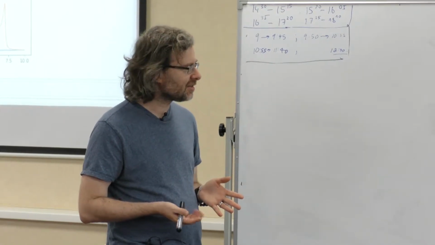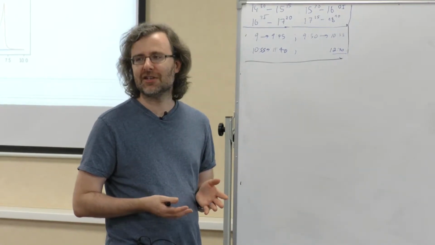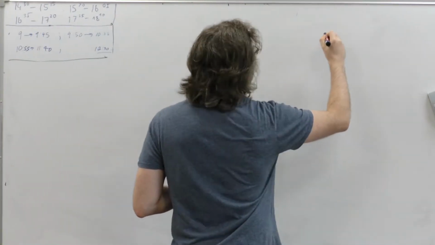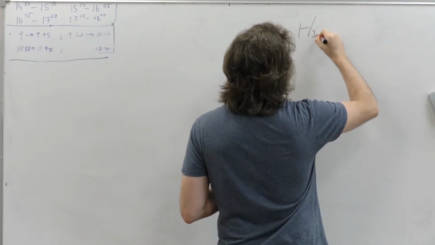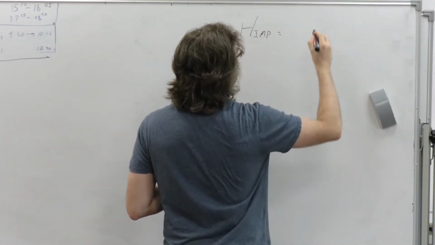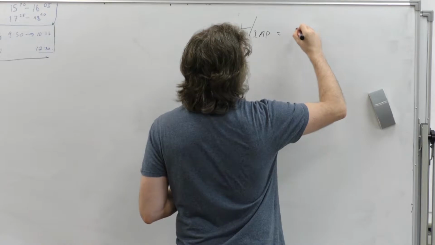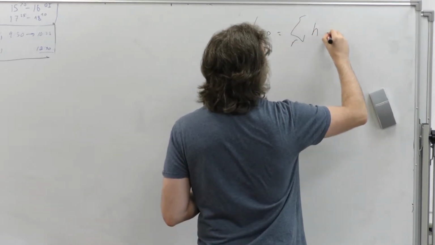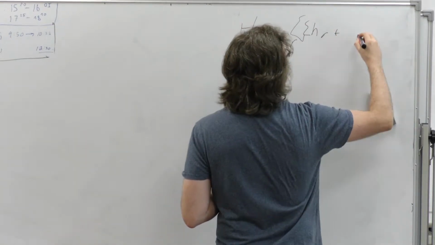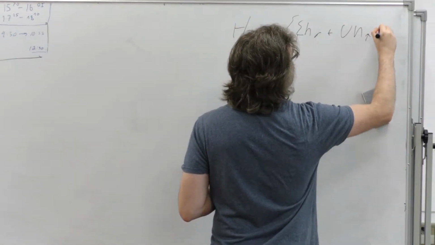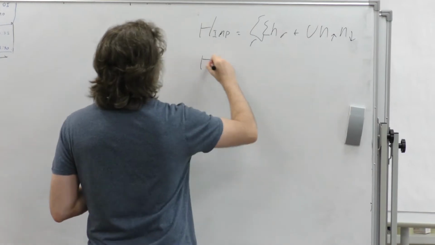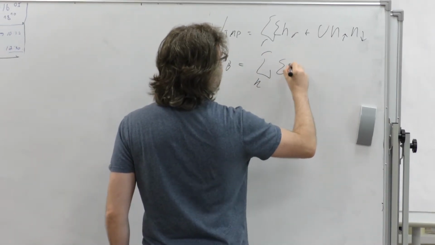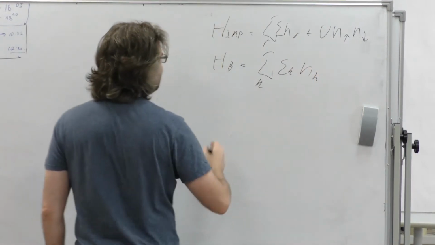The way it works is I divide my system into an impurity subspace. So I have a local subspace, which is like a single site of a Hubbard model: sum over sigma of epsilon plus U n up n down. I have a bath part, which is the sum over k of epsilon_k a_k dagger a_k.